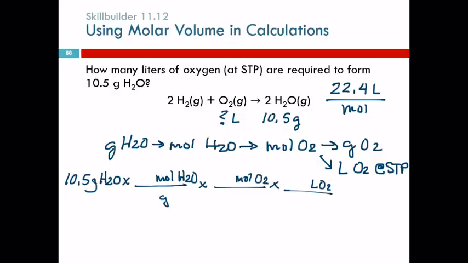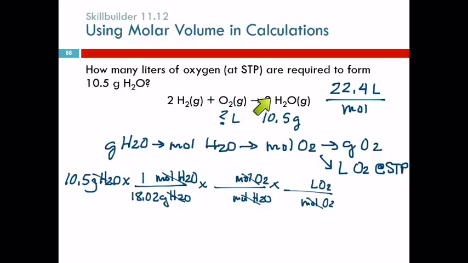So then I've got grams of H2O down here, moles of H2O down here, and moles of O2 down there. And my units work out. The molar mass of water is 18.02. You can calculate that from the periodic table.